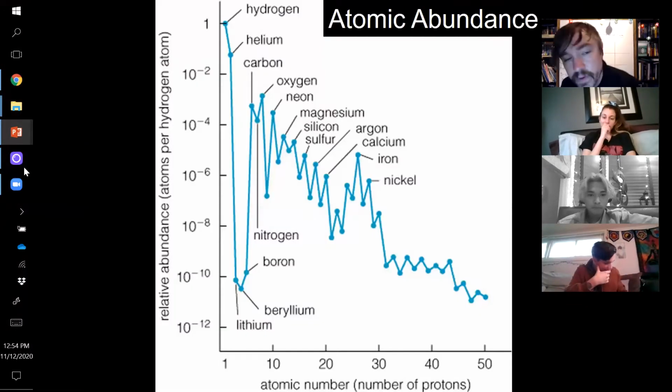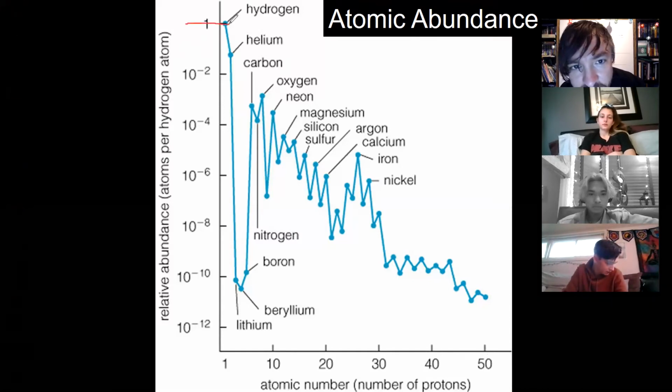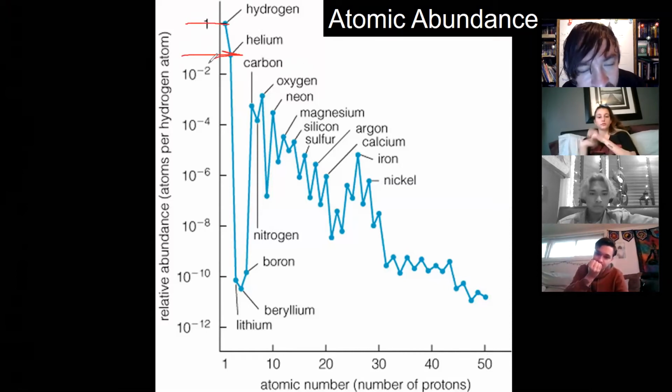This is a plot of atomic number, how massive your nucleus is. Here's hydrogen and up here is uranium, versus how abundant they are in nature. For every 1 hydrogen atom that you find, helium has an abundance of 1/10 that.